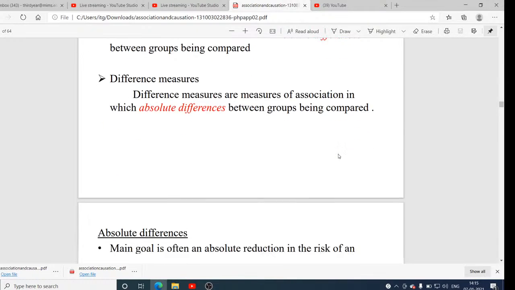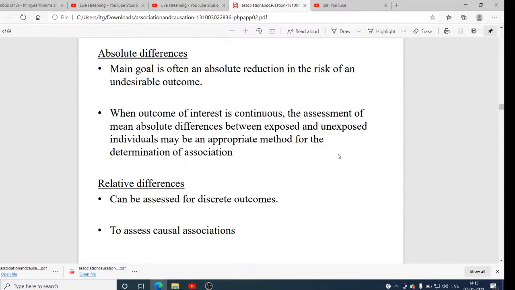Now, there are absolute differences and relative differences. In absolute differences, the main goal is often an absolute reduction in the risk of an undesirable outcome.